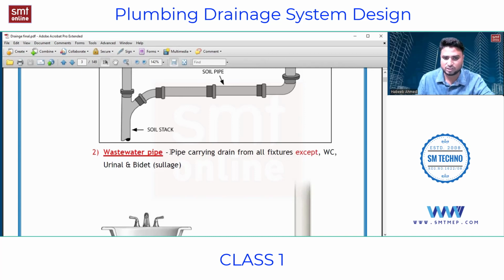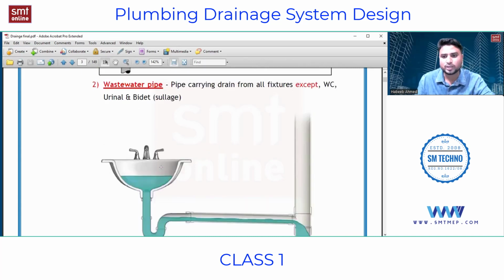So if WC, bidet and urinals are not connected to this kind of pipe, then it becomes a waste pipe. In simple words, the pipe collecting the drain from entire building fixtures except WC, urinal and bidet is called a wastewater pipe.